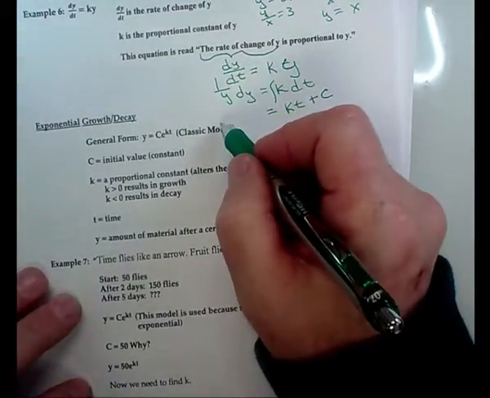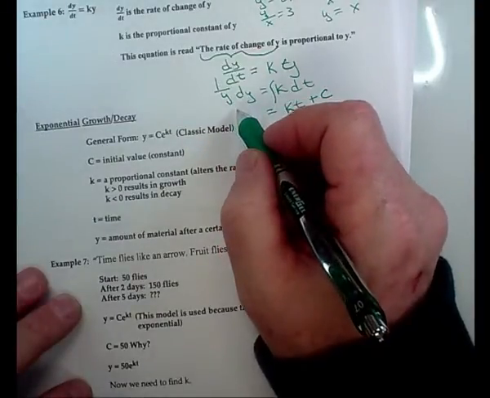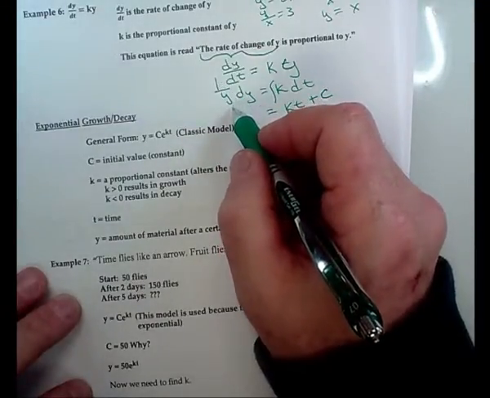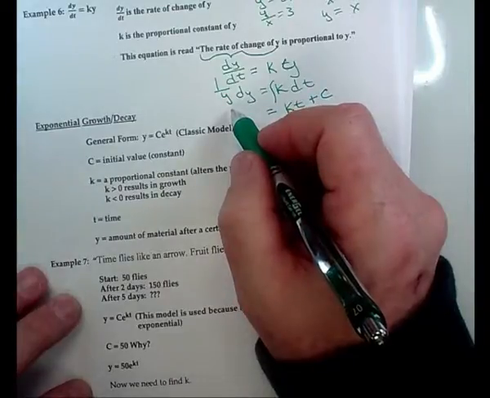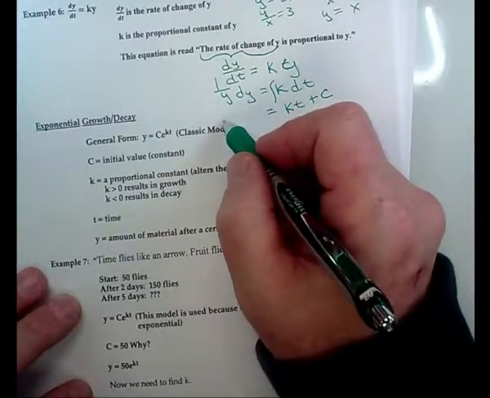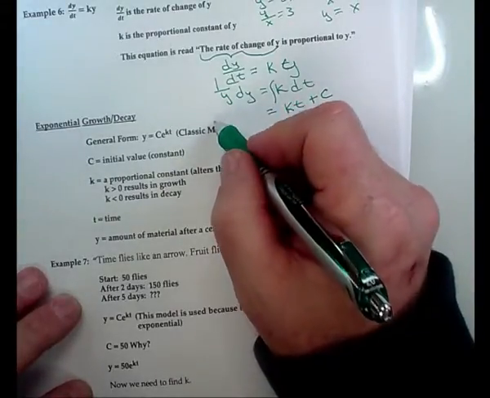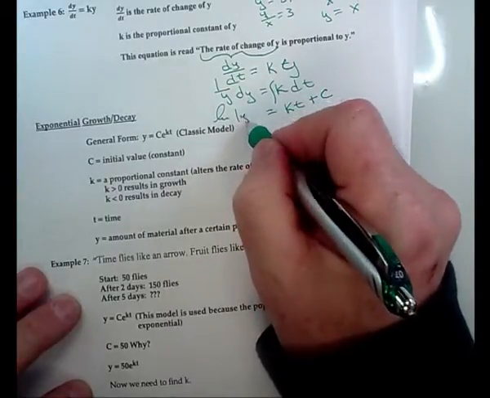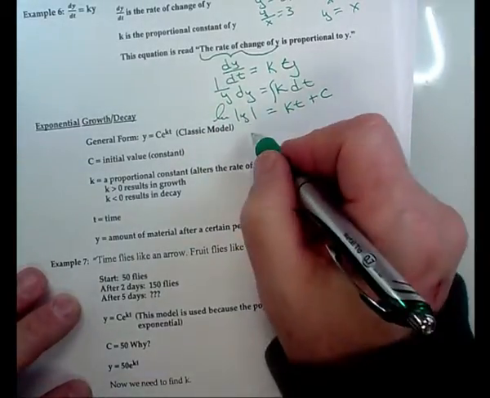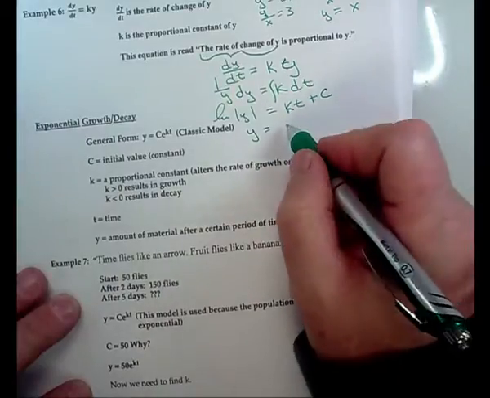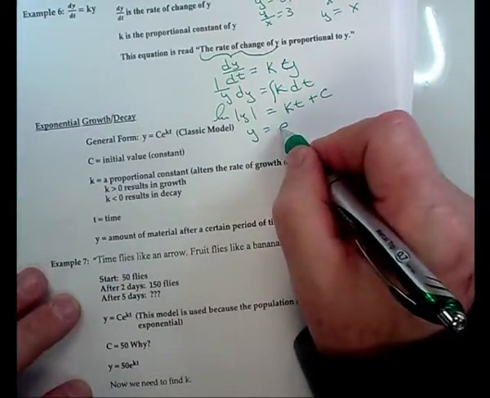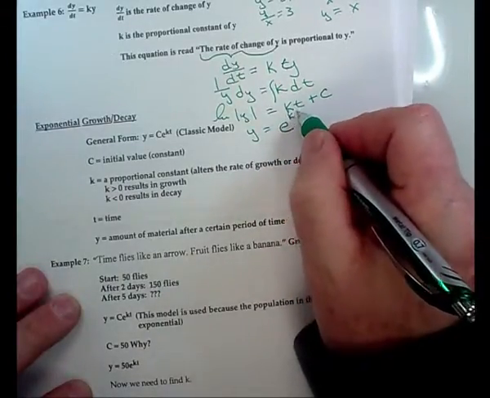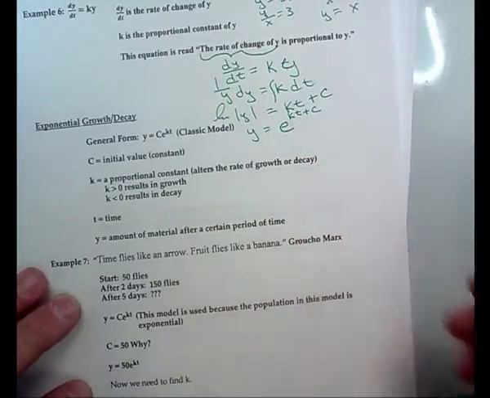And over here, the antiderivative of 1 over y, that's why it was important that I wrote 1 over y, is going to be what? We're starting to feel comfortable with that now, right? And that means y is equal to e to the kt plus c power.